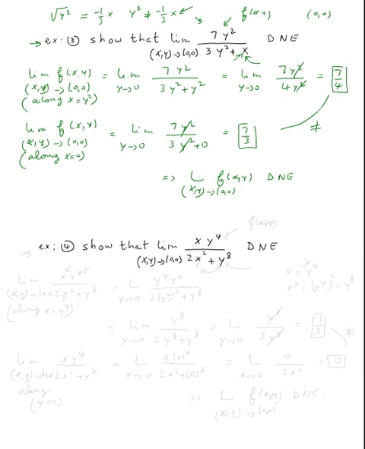Alright, last example. Example 4, show that the limit of xy^4 over 2x squared plus y to the 8 does not exist. So again, as soon as I see this, I want my x to be what?